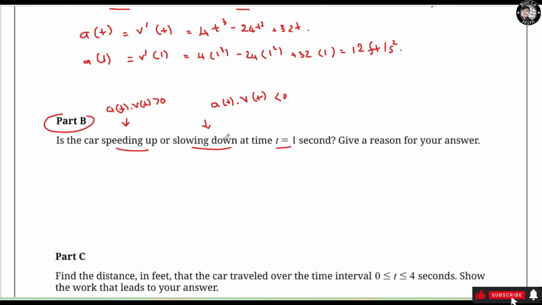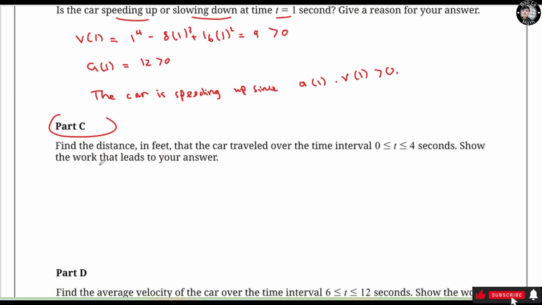In other words, a(t) and v(t) have the opposite sign. So we need to calculate v(1). It's going to be 9, which is greater than 0. Now a(1) we got above is 12, greater than 0. a(1) and v(1) have the same sign. The car is speeding up.